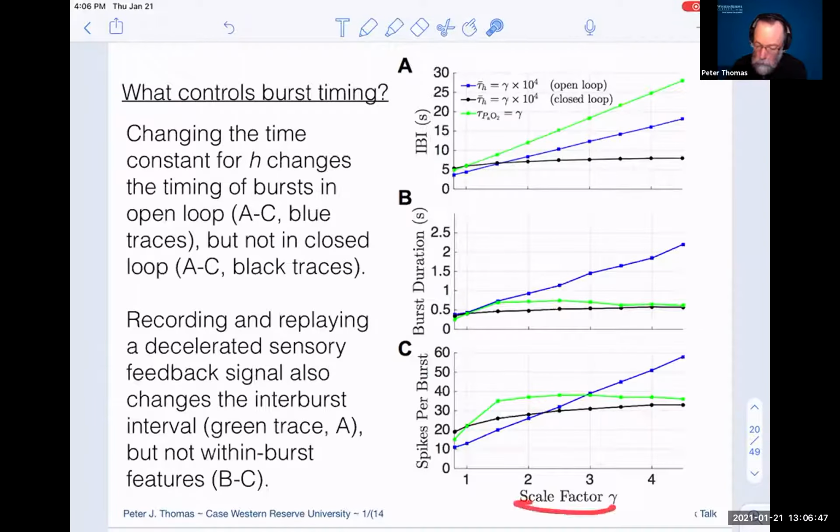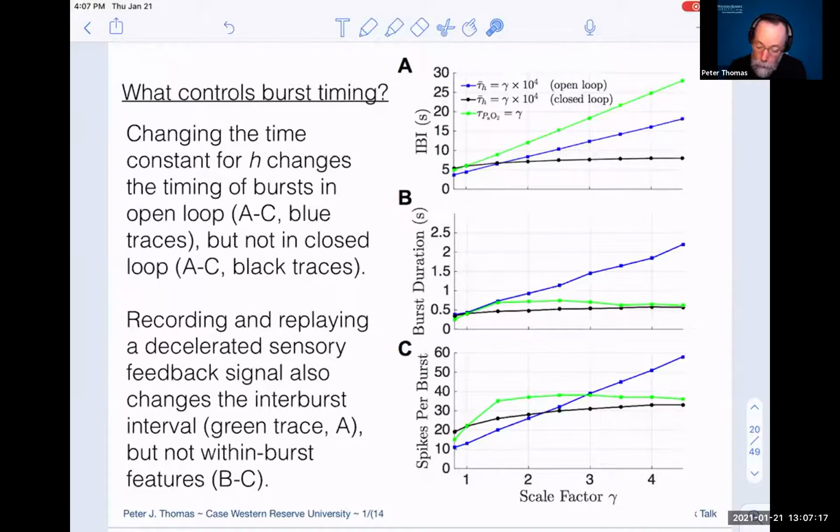We introduced this scaling factor, and if you slow it down, then the IBI, the interburst interval, the spacing between the bursts, gets longer, and that's true in the open loop system. But in the closed loop system, where you're getting the sensory feedback, basically no change happens, and the system ignores the change in tau H.